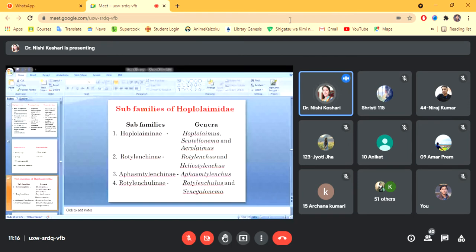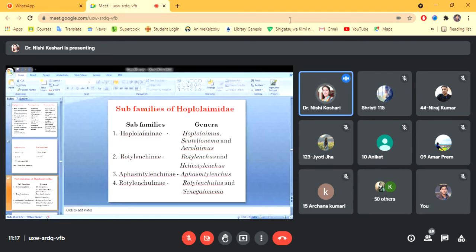In the microscope, you can easily identify that scutella. So this nematode, Scutellonema, has very large phasmids, so the name is also Scutellonema. Although Hoplolaimus has large phasmids, they are smaller than Scutellonema. Aorolaimus is a predatory nematode, very thin and very fast moving.